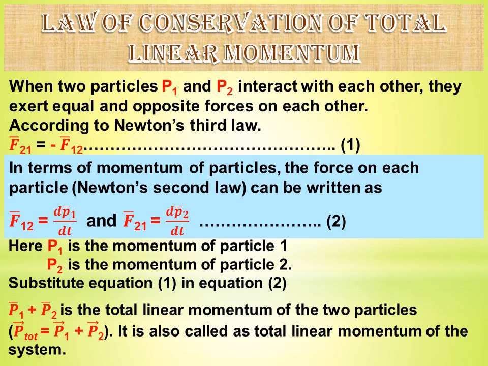Here, p1 is the momentum of particle 1 and p2 is the momentum of particle 2. While substituting equation 1 in equation 2, we get p1 plus p2, which is the total linear momentum of the two particles. Then p total vector is equal to p1 plus p2. It is also called the total linear momentum of the system.